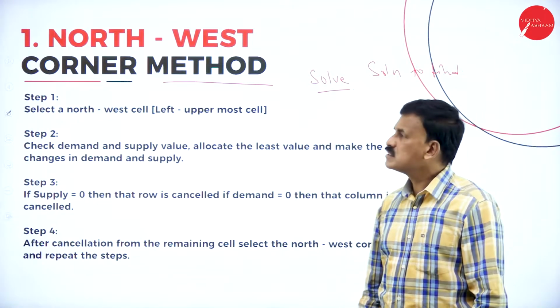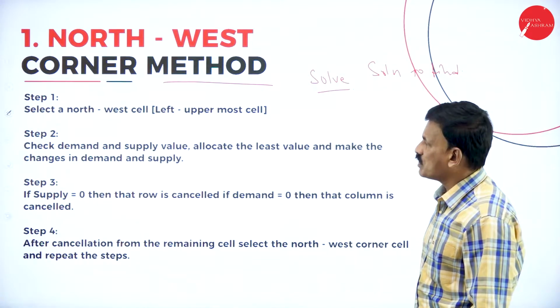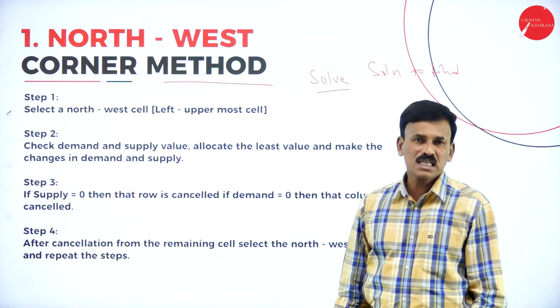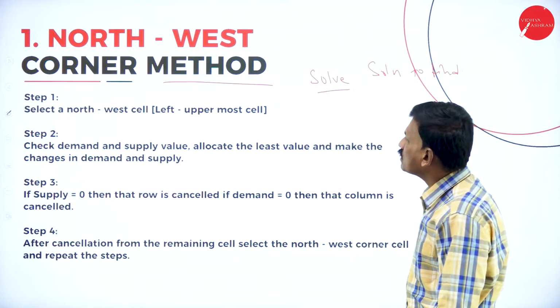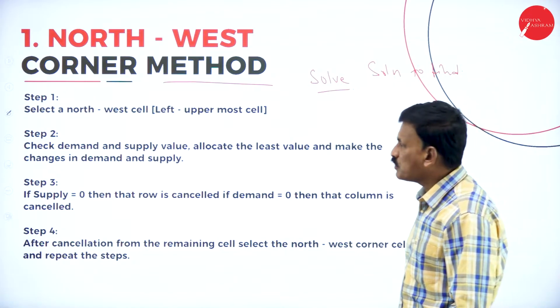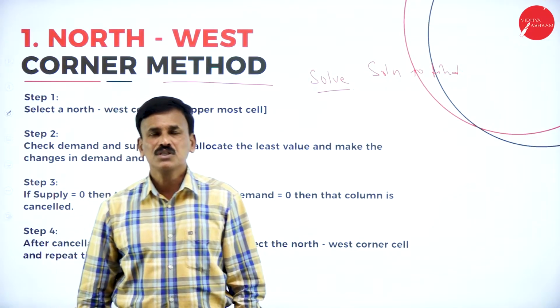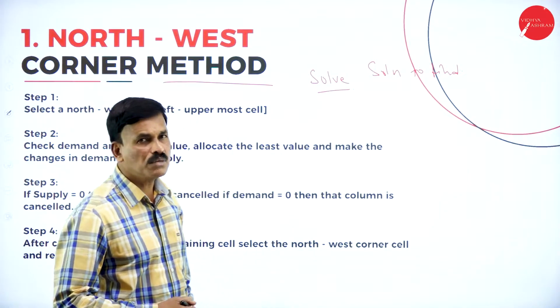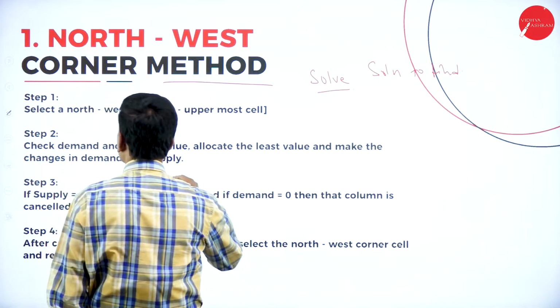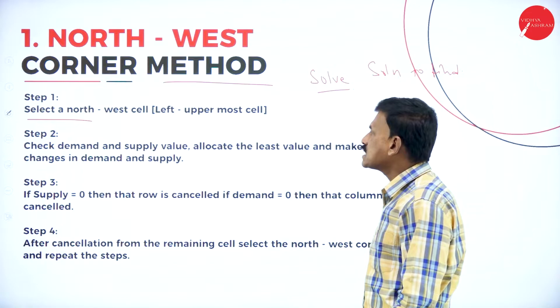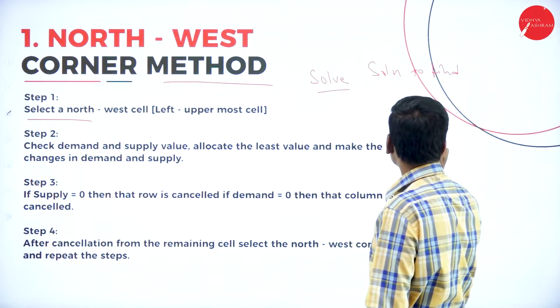In the examination they may ask, explain the step-by-step procedure to solve the northwest corner method, or how to find the solution using the northwest corner method. So, the step-by-step procedure. In the first step, select a northwest cell, the left topmost cell.